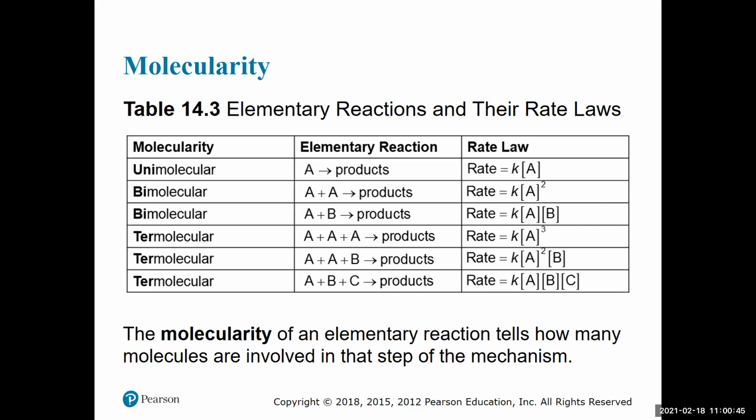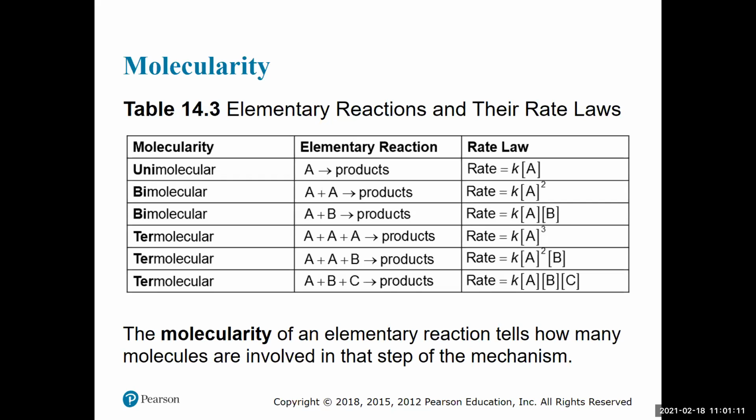There's also something called termolecular, and that's where you have three things. It could be three of the same, it could be two of the same and another different one, or it could be three different ones. And then we have rate equations over here on the right expressing how those would be. The reality is these termolecular ones really don't happen very often, so we're not going to worry about these too much.